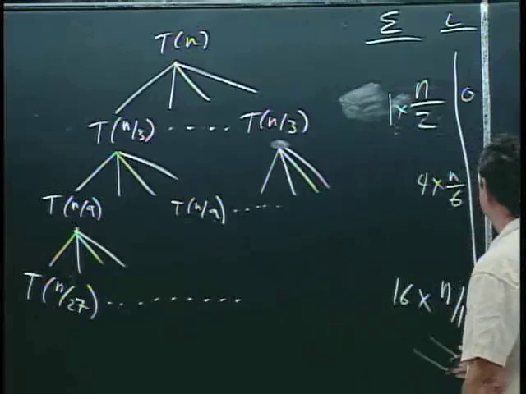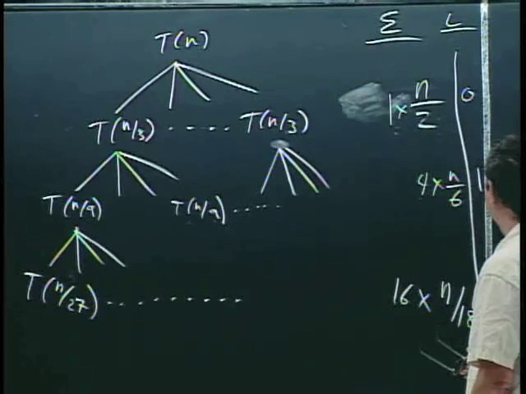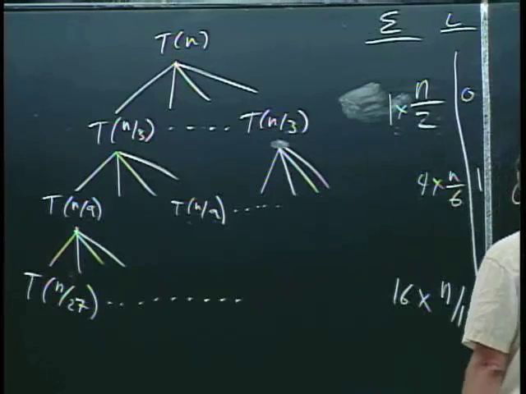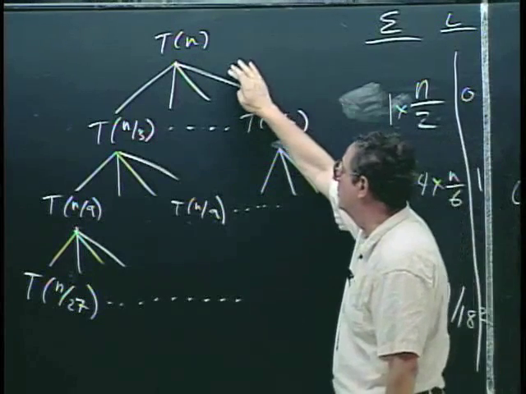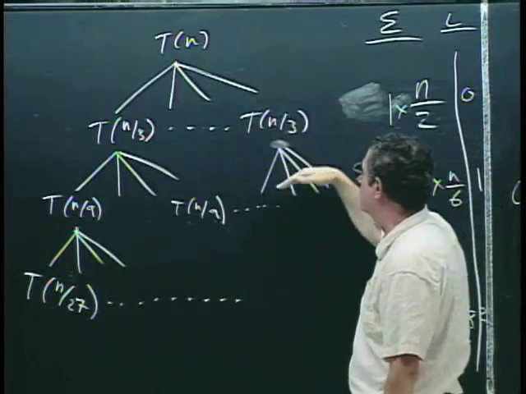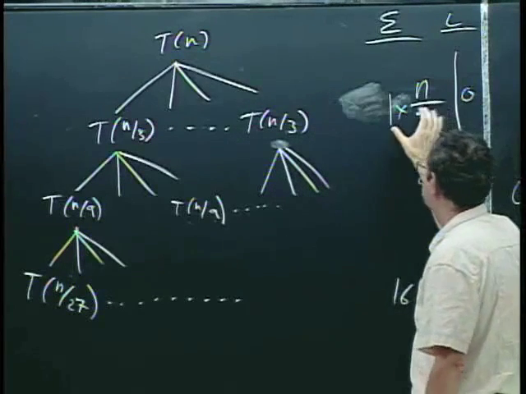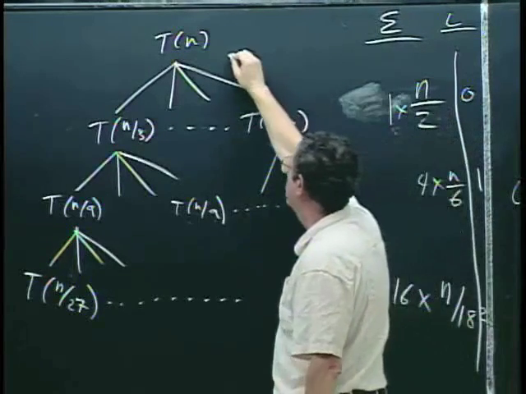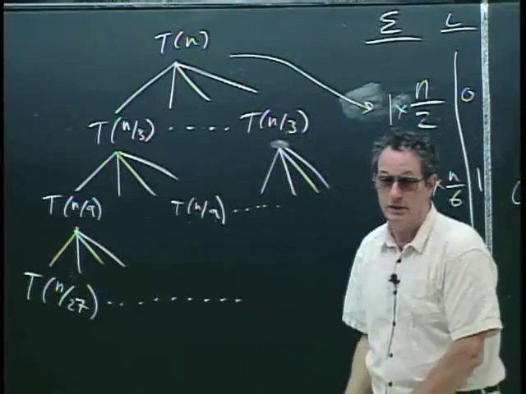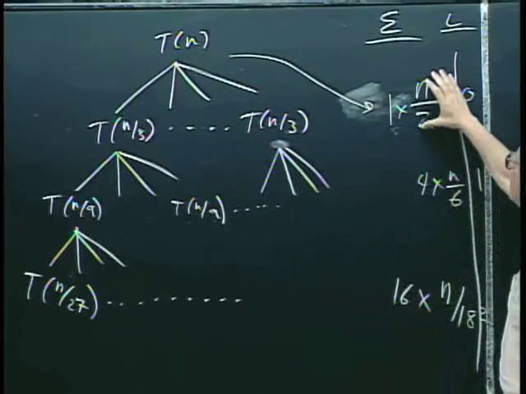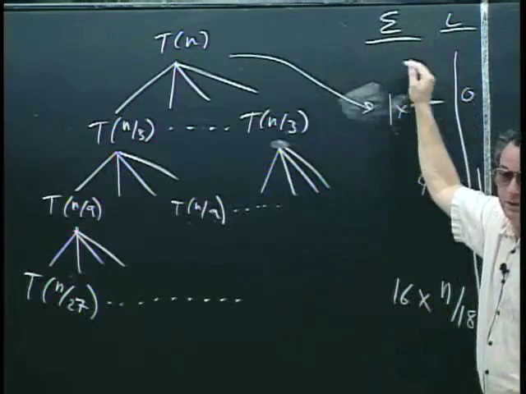Why is level 0 not at the root? Well, I could say this is level 0, and this is level 1, and so on. And this piece came from T of n, and I see what you're saying. That would make more sense if I'd put this up there parallel with T of n.